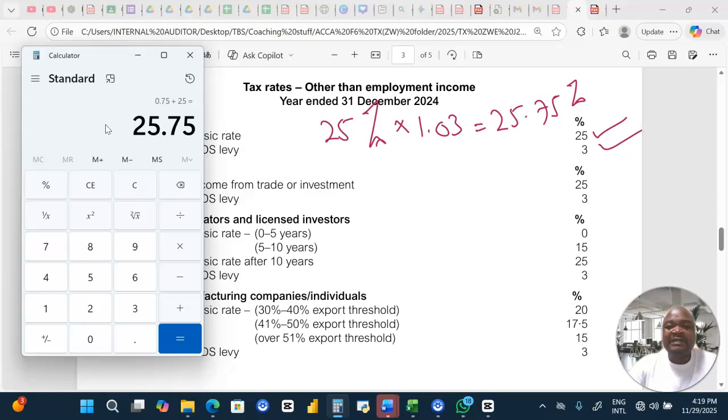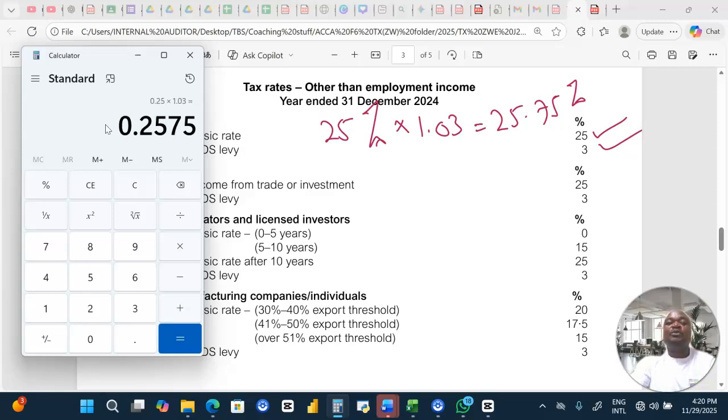Good. Some are saying, but you put decimals when this 25% is a percentage. Okay, let us try to do what they want. We are saying 25% multiplied by 1.03.